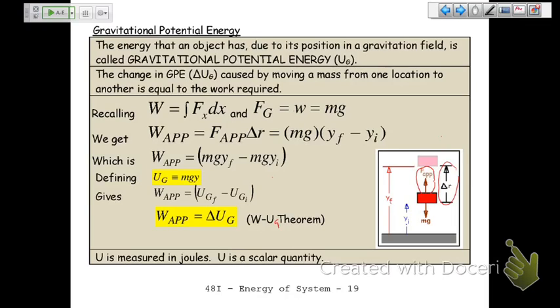And again, this is where people first notice this issue, because they say I go from the floor to the table, and you learned mgh. Didn't you learn mgh when you were first starting? And then somebody says, supposing I dig a hole, so now the floor can go deeper than the floor. Does that mean the box on the table has more energy because I dig a hole underneath it?